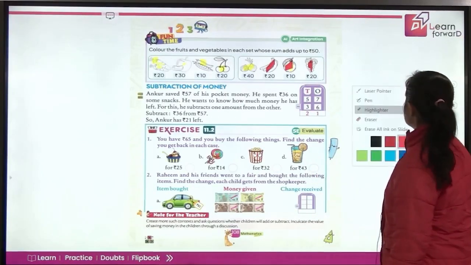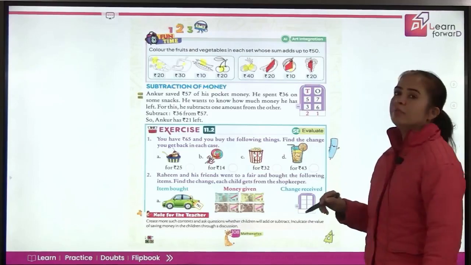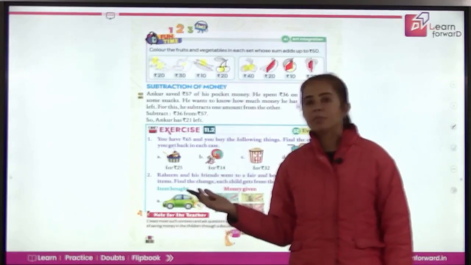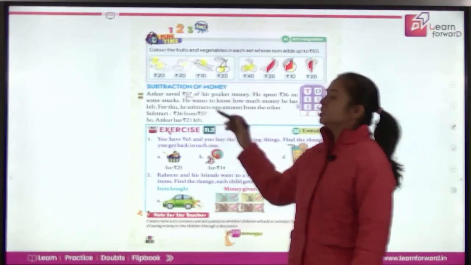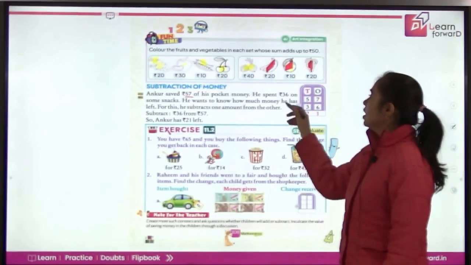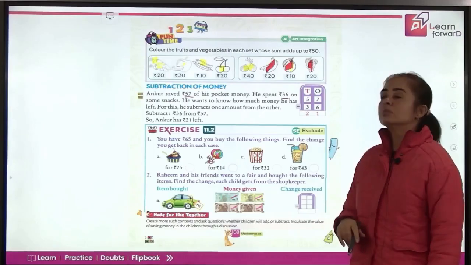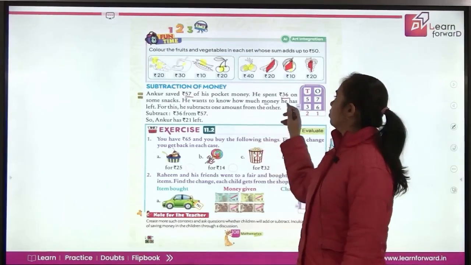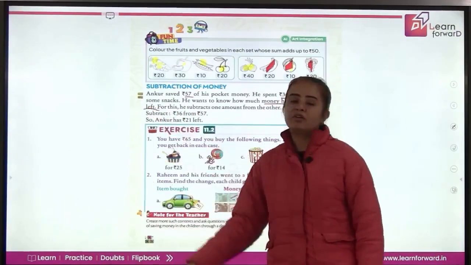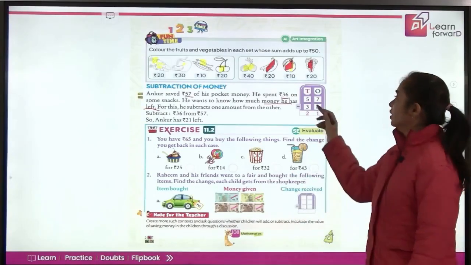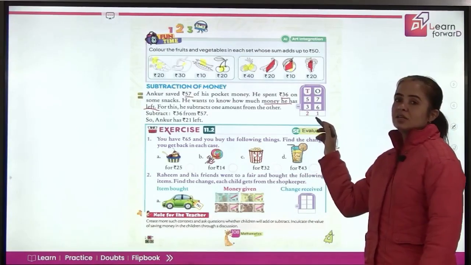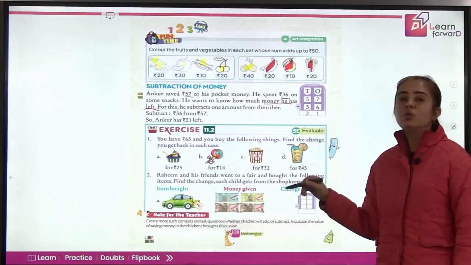Now, next is subtraction of money. Just like we add money, we subtract also when you have less of something. Like Ankur saved rupees 57 of his pocket money. He spent rupees 36 on some snacks. He wants to know how much money he has left. So for left, what do we do? Subtraction. That means 57 minus 36, which gives you 21.